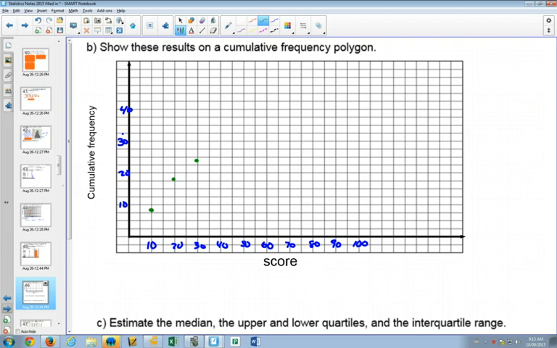We're at 31. 50, we're at 37. 60, we're still at 37. Then 70, we're at 39. 80, 90, we're still at, oh, did I miss one?